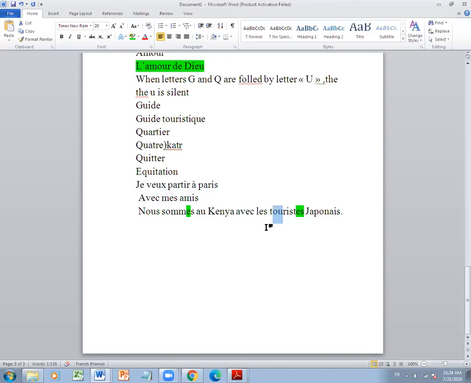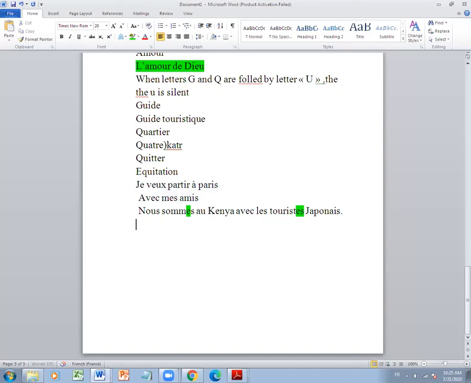Okay. Nous sommes au Kenya avec les touristes japonais. Avec, this is a preposition, so we don't say avec, we say avec les touristes japonais.